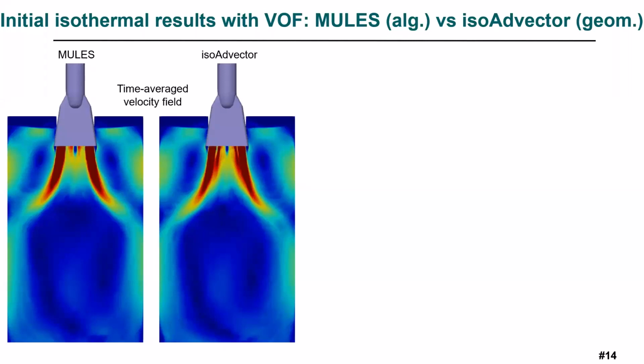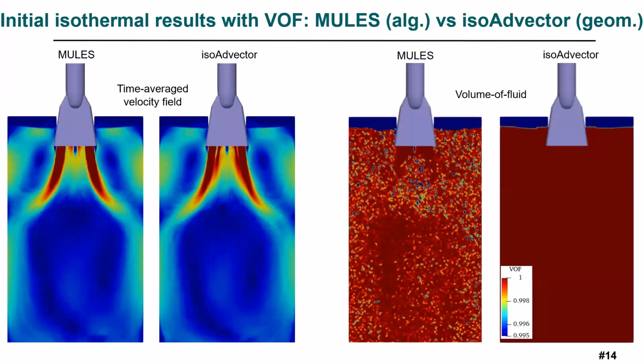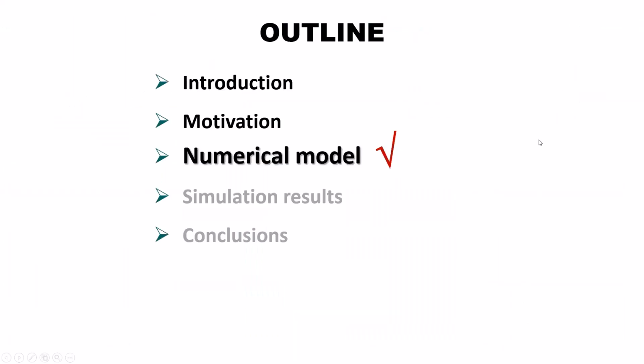And actually, initial simulations compared the Euler's VOF implementation with the IsoAdvector from Johan Rönnby. It showed that we get in our domain a huge amount of spurious bubbles if we use this algebraic VOF, and we get almost none of them if we apply the IsoAdvector. So this gave us motivation to go deeper into this study.